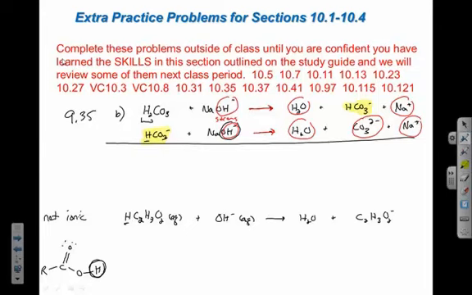So when I think about the full reaction here, I can cancel this HCO3 minus since it appears on both sides. And what I have is a balanced reaction: two NaOHs to produce two waters and Na2CO3. So that would be the molecular equation.